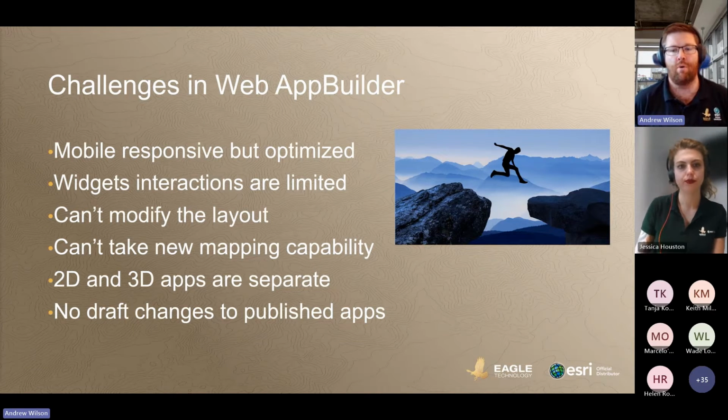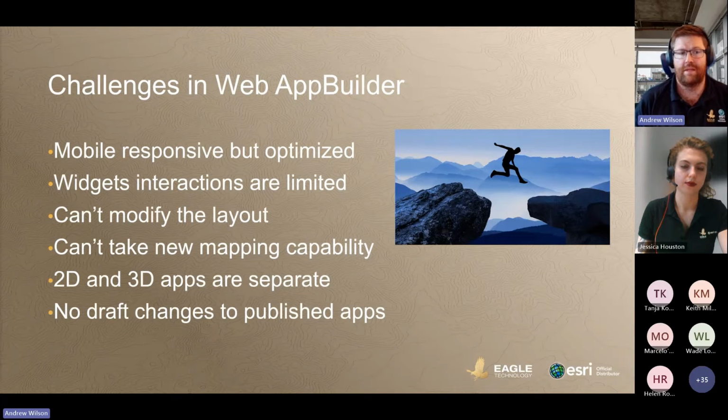We're starting to see more and more 3D applications come out, especially with the LiDAR capture of the country, and the use of that 3D elevation data is becoming quite key and useful in their applications. So we're having to create separate applications for that. And the other risky part of it is the no draft changes. So when you make an edit to a Web AppBuilder app, it's live.